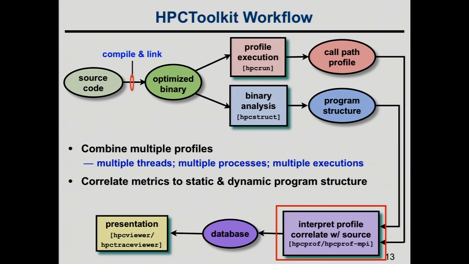We combine multiple profiles for multiple threads and multiple processes. You can even combine multiple executions. These tools, HPCProf and HPCProf-MPI, will correlate metrics with the static and dynamic program structure. I mentioned there are two things here: HPCProf and HPCProf-MPI. HPCProf is a sequential program. It'll run on a head node.